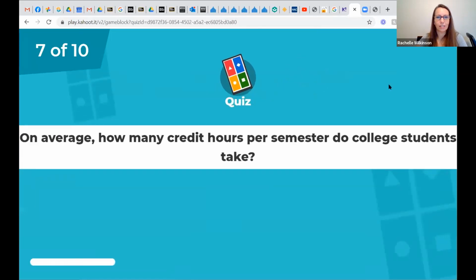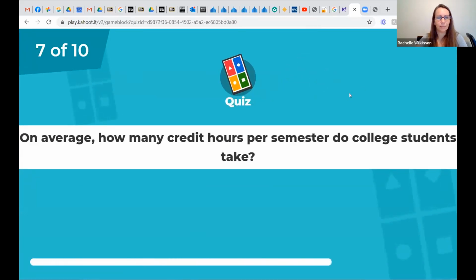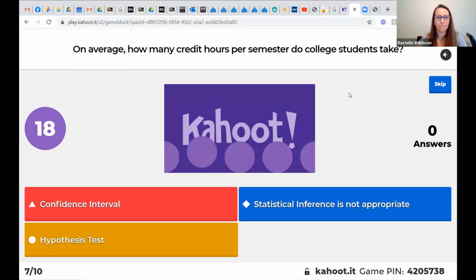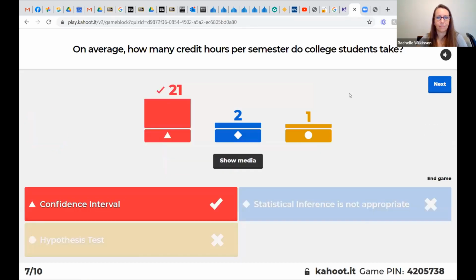A few more questions, see if anybody can take over the top. Ooh, nice job. Okay, so this is going to be confidence interval. On average, how many credit hours per semester do college students take?